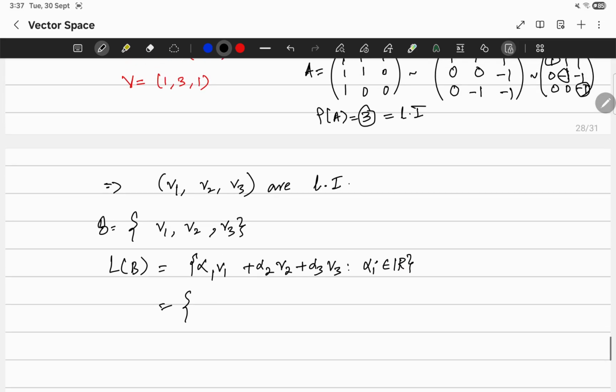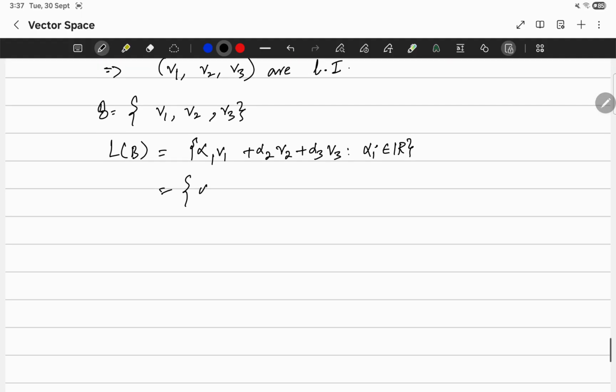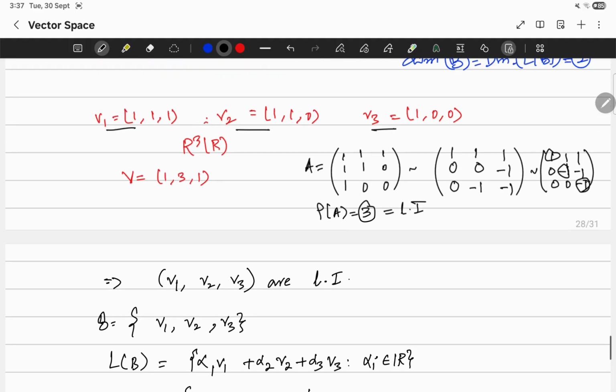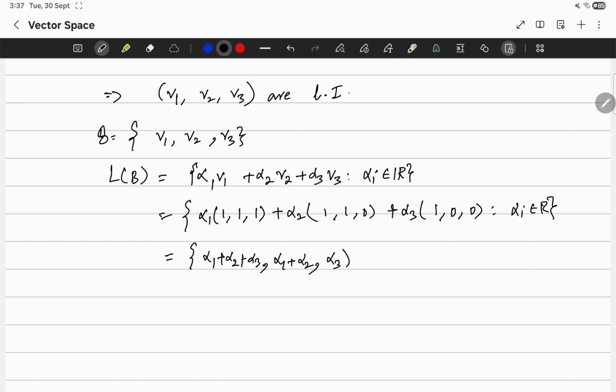Here v1 is (1, 1, 1), so alpha 1 times (1, 1, 1), plus alpha 2 times (1, 1, 0), plus alpha 3 times (1, 0, 0). So you will get (alpha 1 plus alpha 2 plus alpha 3, alpha 1 plus alpha 2, alpha 3), where the alphas are real numbers.